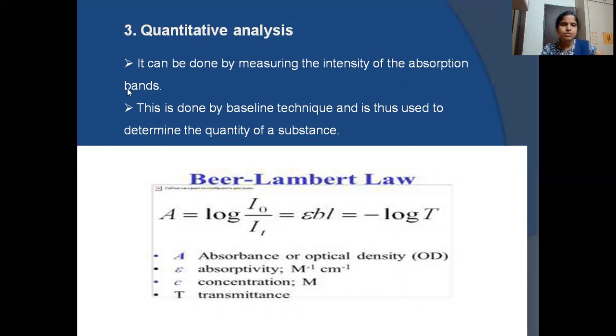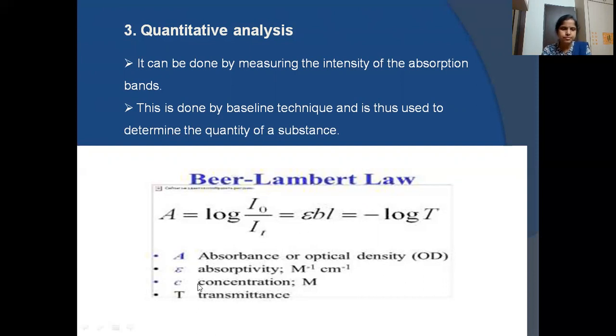And this Beer-Lambert's law, it is nothing but A is equal to epsilon bL or cL, you can take. Epsilon is the absorptivity. A is what? Absorbance or the optical density. So absorbance is equal to, actually it is log I naught by I. This is the formula for finding out the absorbance, or that is nothing but equal to epsilon Cl.